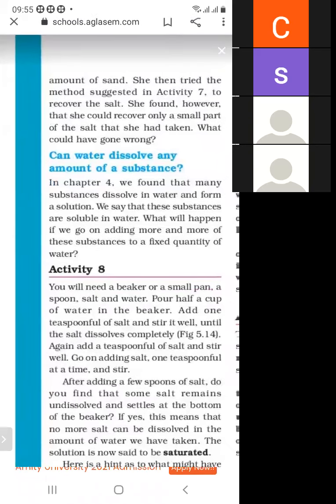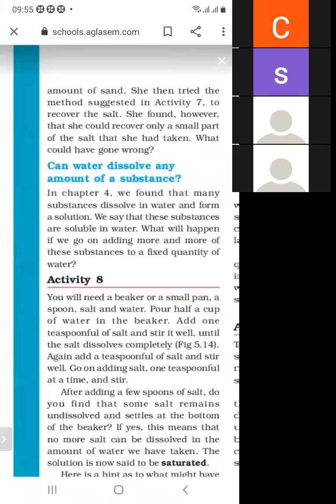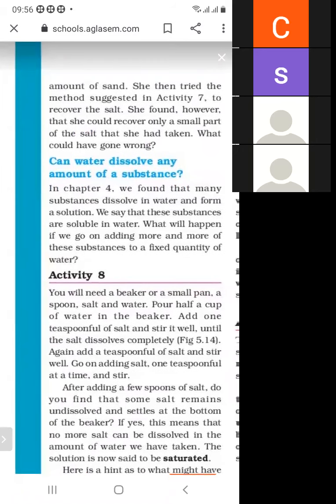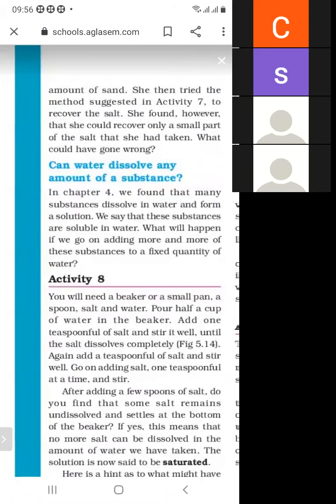As we studied in chapter 4, many substances dissolve in water, and when they dissolve they make a solution. When we add salt to water, it makes a salt solution.